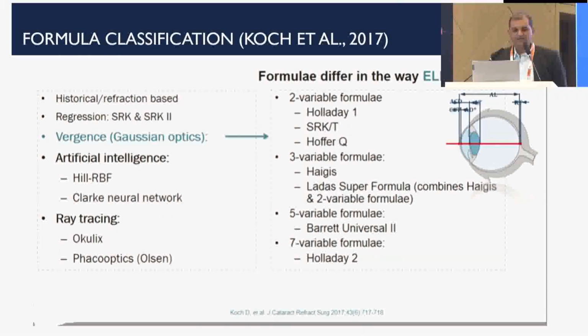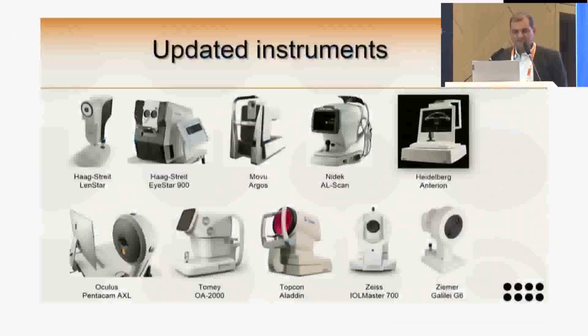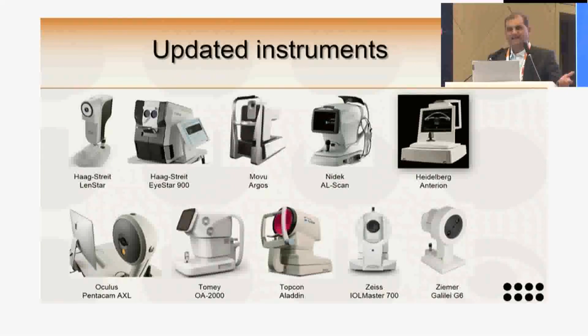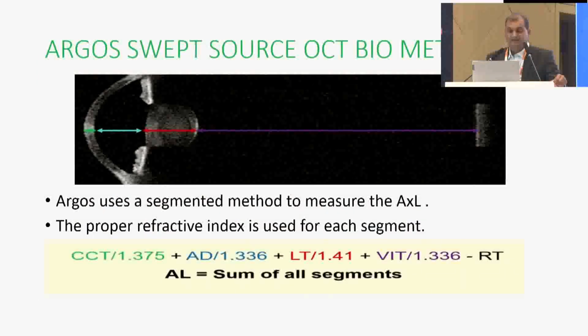And of course, the ray tracing formulas are also coming up, that is the pure optics phenomena, where the Okulix or PhacoOptics or Olsen formulas have also been classified. The newer equipment like optical biometers now have very minimal error contribution to the IOL power calculation, and more and more advanced is the Argos optical biometer, where segmented optical biometry is also measured.